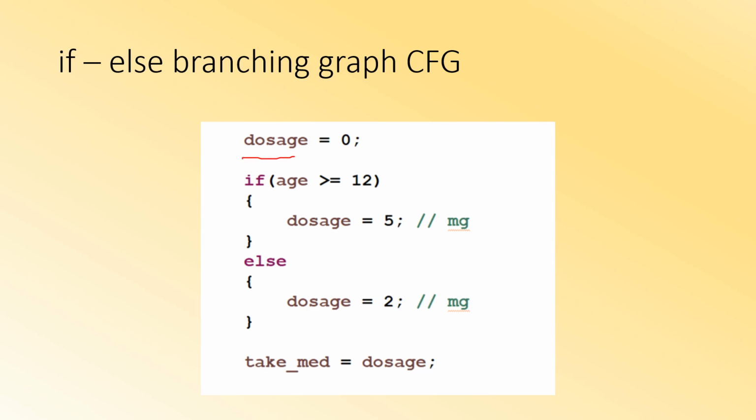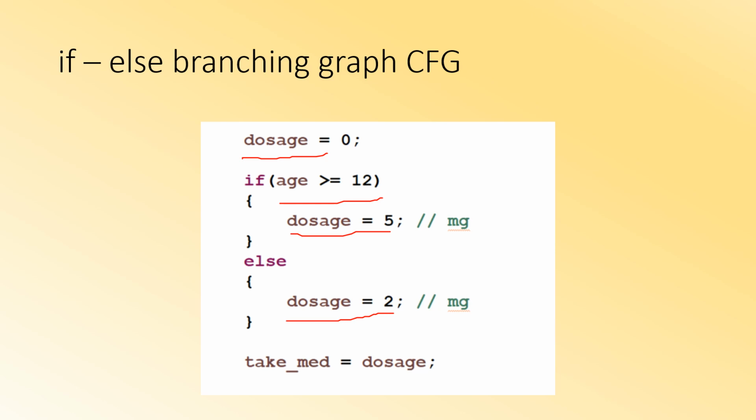We initialize dosage to 0 initially, and then we check if our age is at least 12 years. If it is at least 12 years or more, then dosage is 5 milligrams. But if it is less than 12 years, then we only take 2 milligrams.